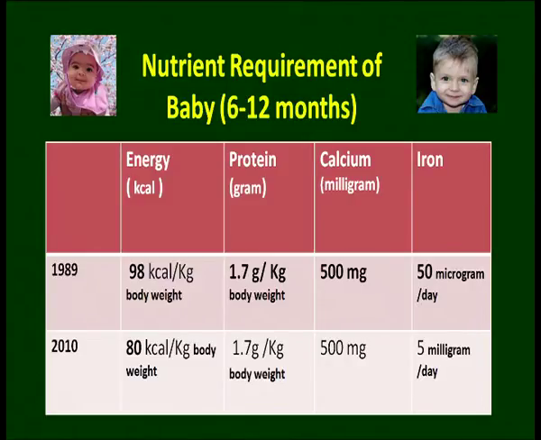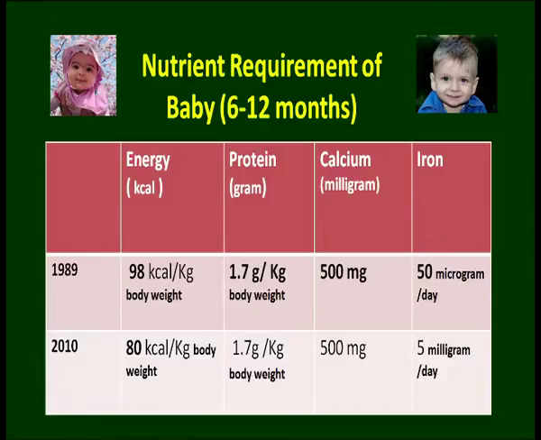It is recommended that till the age of 6 months, the baby should be given breastfeed. So, there is no need to give extra RDAs for that age, but the baby should be given an extra amount of nutrient after the age of 6 months. Hence, the nutritional requirement for 6 to 12 months of the baby is given here.